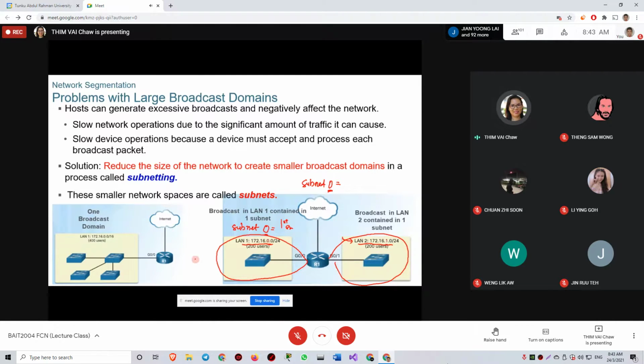Now we need to think about how many hosts can be connected in this network.